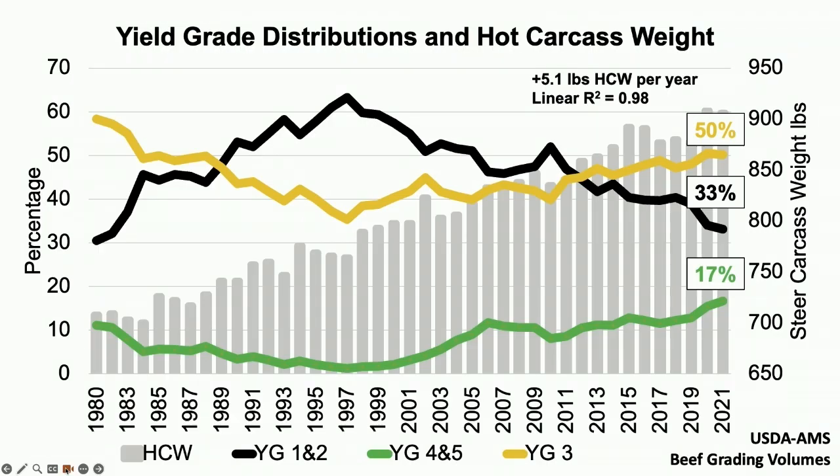They go in opposite directions because absolutely the best way to improve dressing yield or dressing percentage is to make cattle fatter. So we have a very clear message to make cattle bigger, heavier, and fatter, which is completely contradictory to what we're asking for with USDA yield grade, which is leaner and heavier muscled. That's a problem.